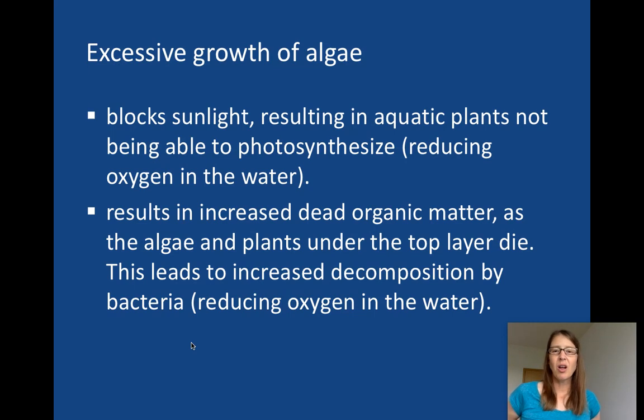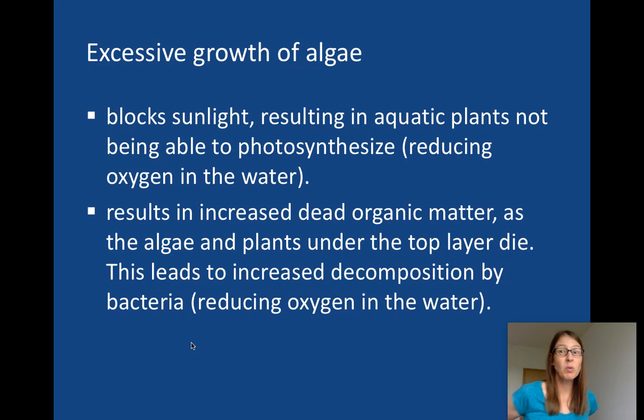And the other thing is the algae at the bottom of the mat tends to die off too. So you end up getting a whole bunch of dead organic matter in the water, dead plants, dead algae, and you need decomposers to decompose that, and that's going to suck oxygen out of the water.